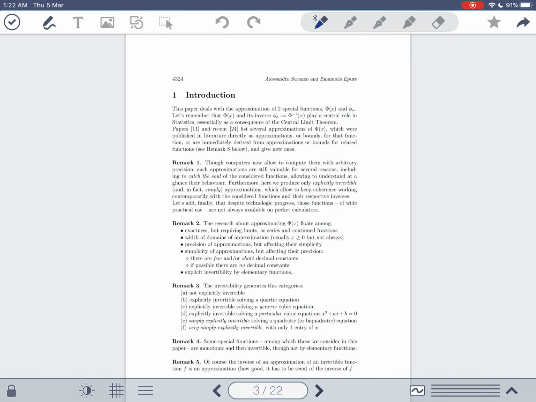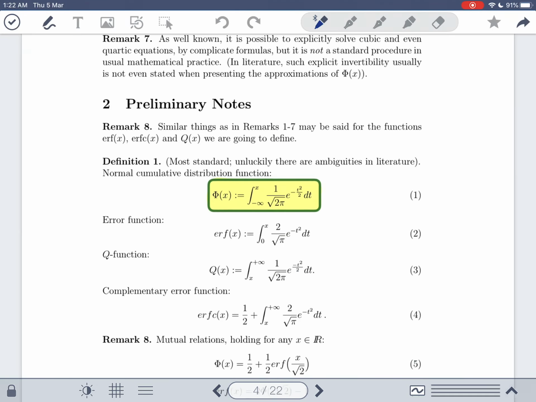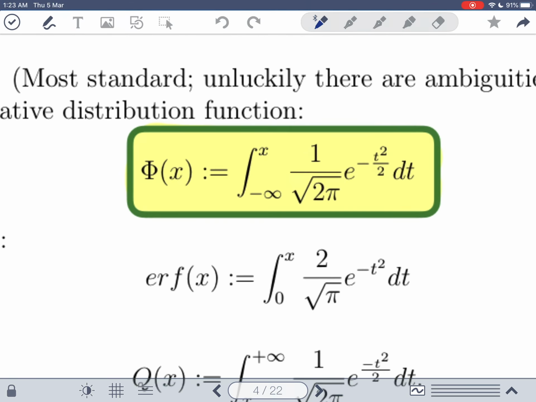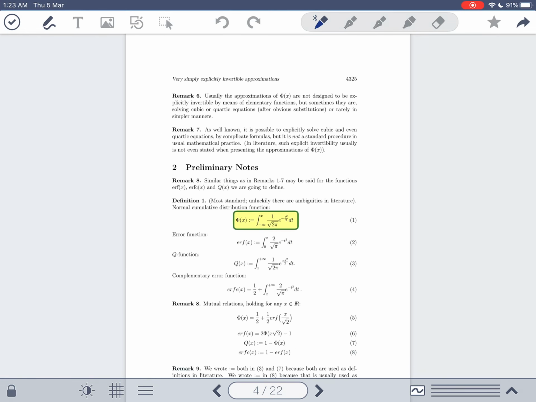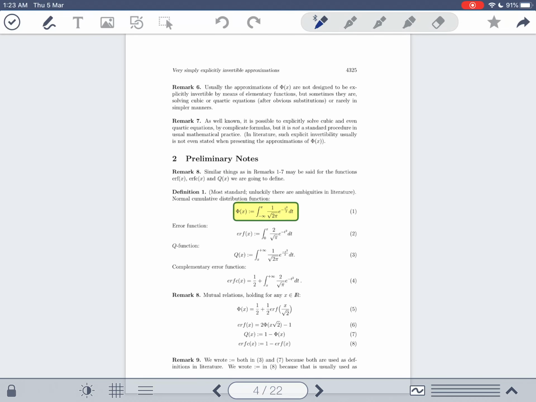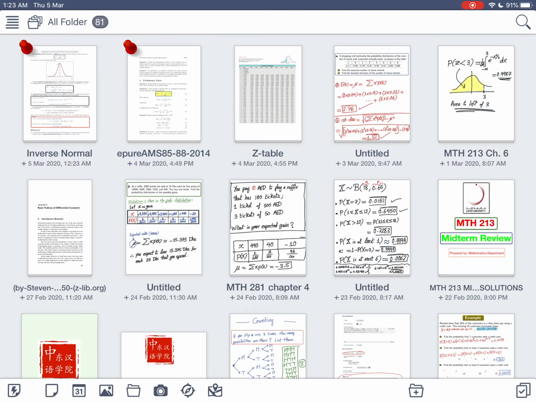If you go to the beginning, at the beginning they define to you what is called the cumulative density function for the probability density function of the standard normal distribution. So this sounds like a mouthful, but I will make you understand it in an easy way.